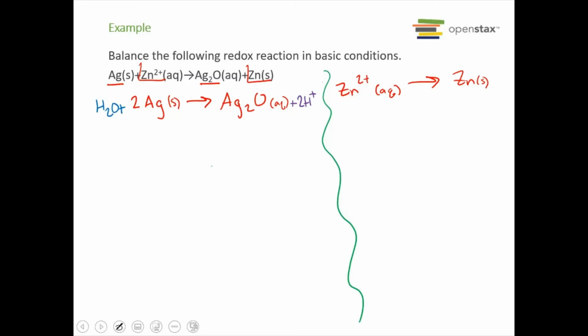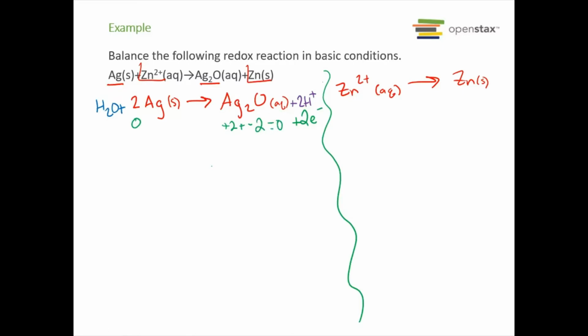The silver here is solid silver. It's a charge of 0. This is overall 0. But on the right side, I have 2 H plus. So to get this to be 0 charge, I need to add 2 electrons. So now that's plus 2 plus negative 2, overall 0.